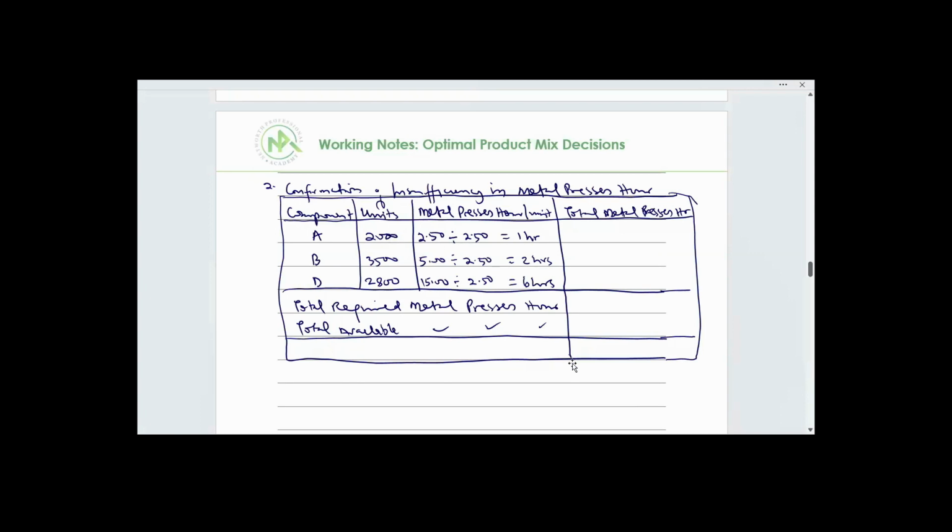2000 multiplied by 1 will give us 2000 hours. 35 multiplied by 2 hours, that's 7000 hours. 2800 multiplied by 6, what do you get? That should be 16,800.